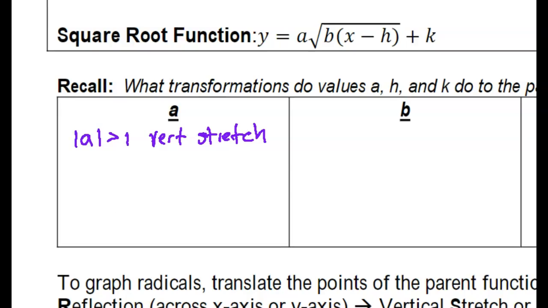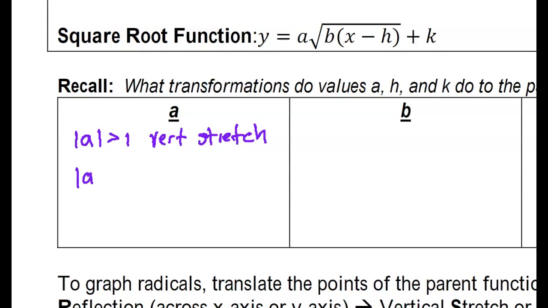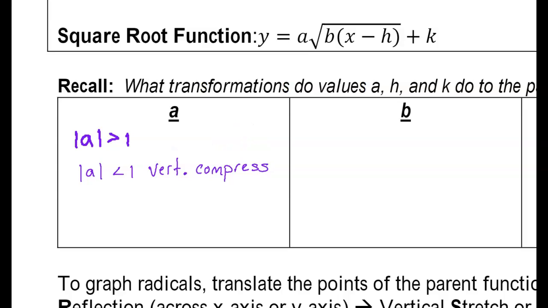If a is less than 1, what is that now? Vertically compressed. That is a vertical compression. Meaning, on my vertical, I'm compressing, making my graph fatter. And if you want to write those words down to keep these straight in your head, go for it.